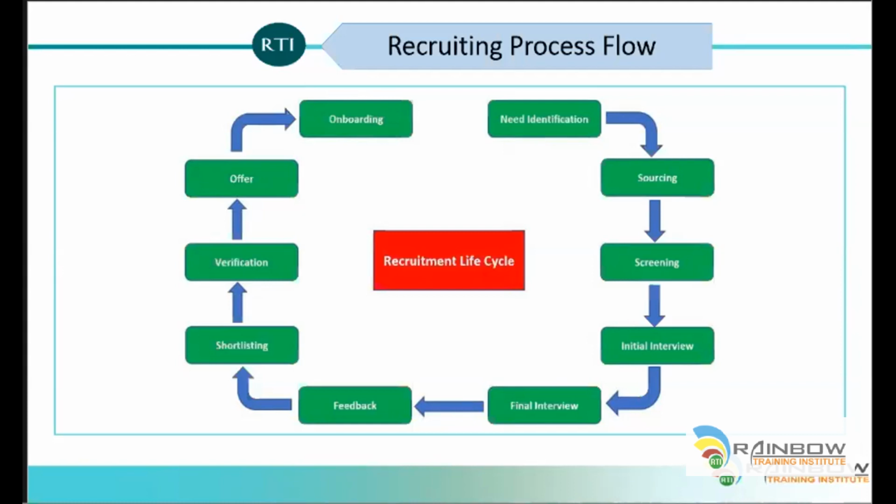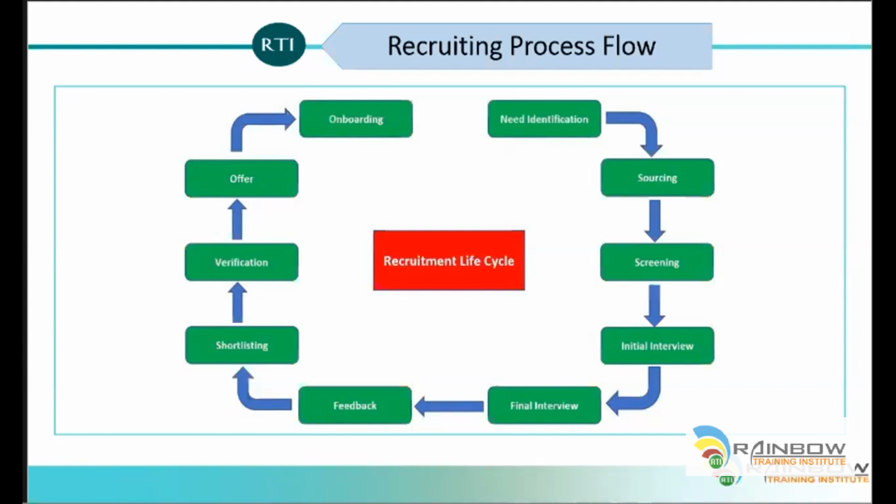When I say need identification, it's basically identifying the requisition or identifying the demand within the organization. Once we identify the demand, the next step is sourcing for the candidates. Once we source the candidates, we start screening them. During the screening process, you will have your interviews as one major step, the initial interview and the final interview.